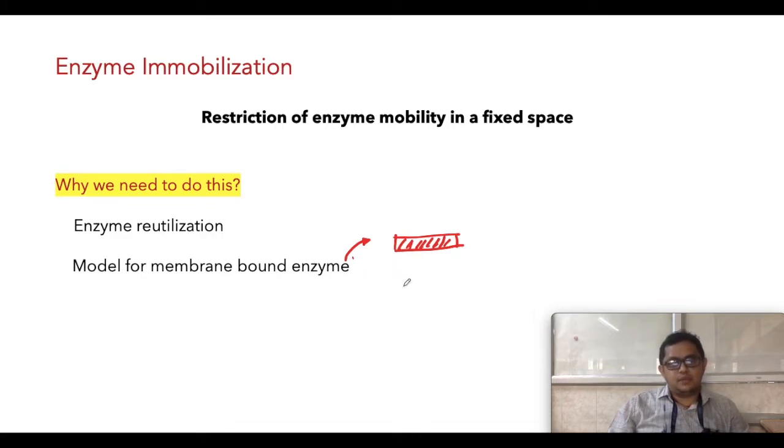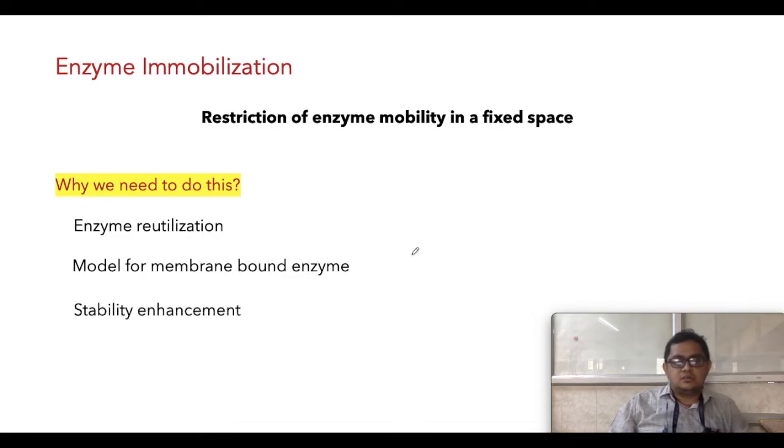So if you separate those membrane bound enzymes and use them in a free form, it always reduces the activity. And any changes you make would not truly reflect if you use that in a free form. So you always want to use it in the attached form. In that scenario, you can use enzyme immobilization, as it mimics the in vivo condition.